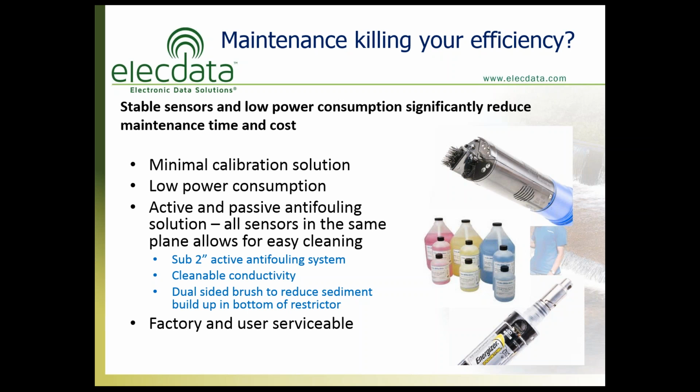What's pretty novel with the AquaTroll 600 is the titanium sensor guard is reversible. Because of the way the sonde is constructed, that sensor guard can be slid on to act as a calibration cup itself.